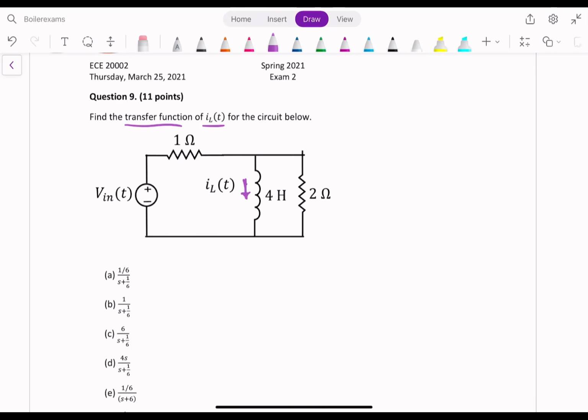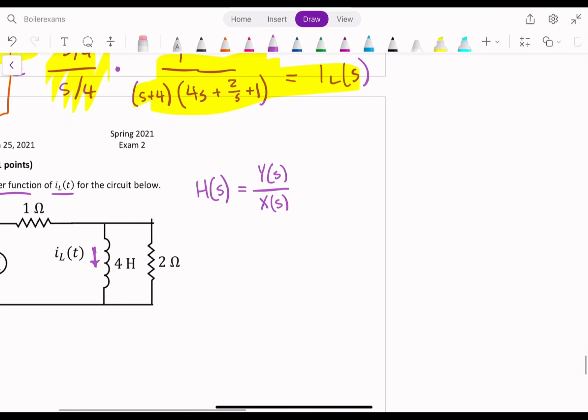So what's a transfer function? Well, it's H of s, and H of s is equal to our output divided by our input. And the way that we derive that expression is that for any LTI system, the output of a system is equal to its impulse response convolved with whatever you input.